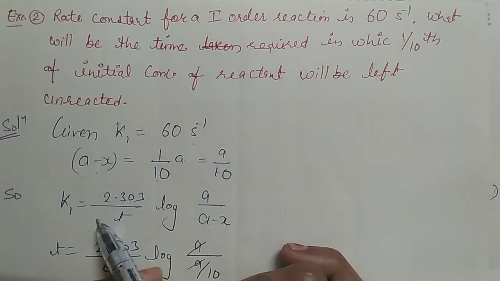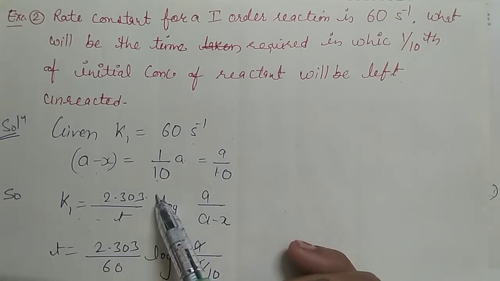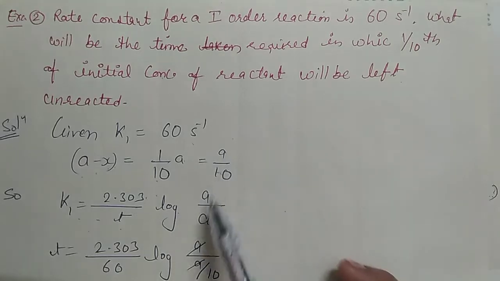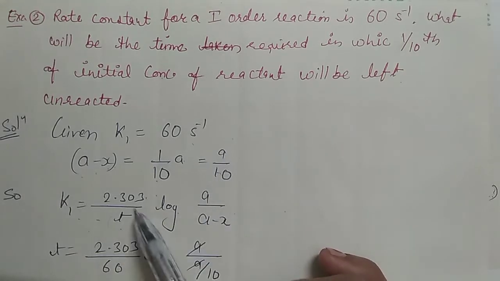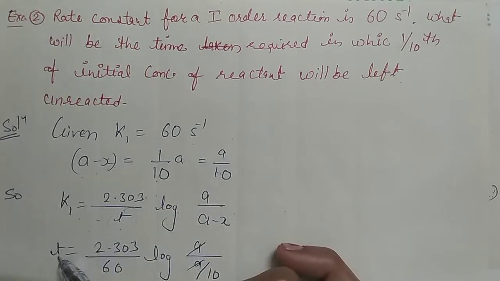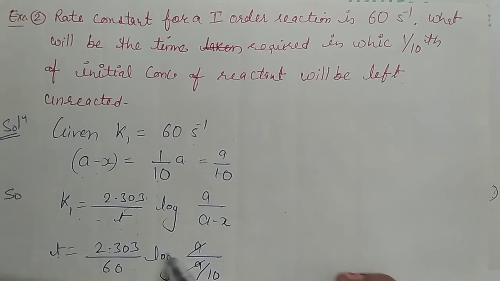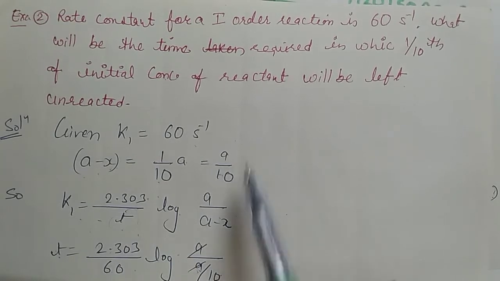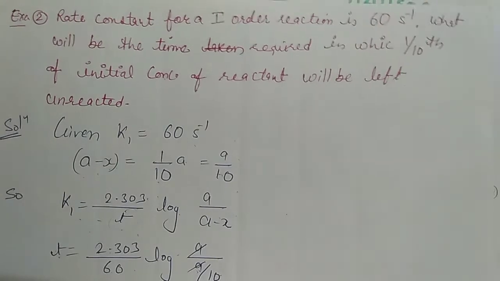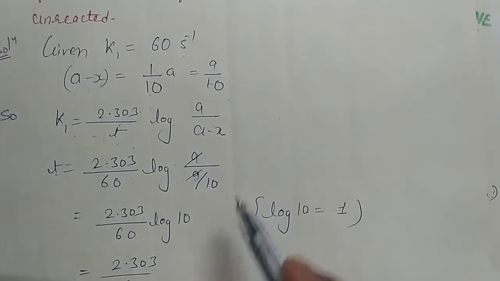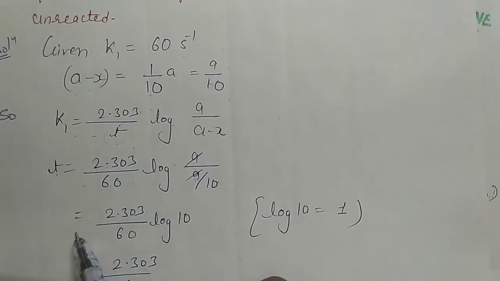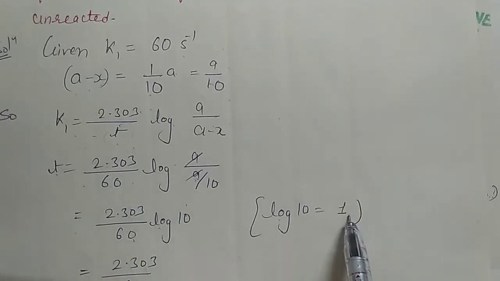So according to the first order reaction, K1 is equal to 2.303 upon T log A upon A minus X. We have to calculate T. So T will be equal to 2.303 upon 60 log A upon A by 10. Here A is cancelled by A, and only log 10 is obtained. 2.303 upon 60, log 10 is 1.